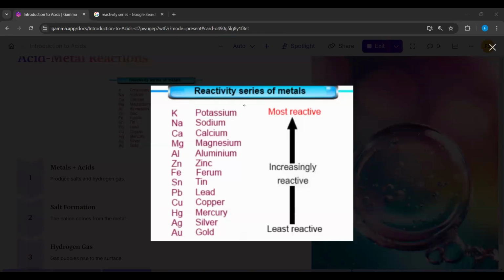If you check the reactivity series, it is unsafe with metals such as potassium, sodium, calcium. The reaction becomes too violent. So it's better not to try acid and metal reactions in the lab with these highly reactive elements.